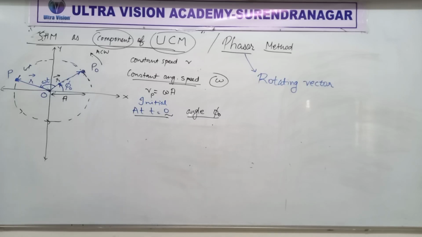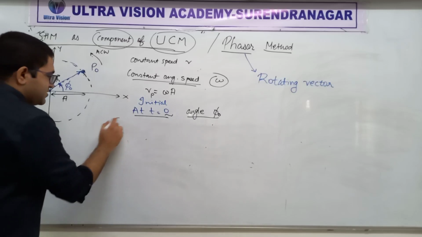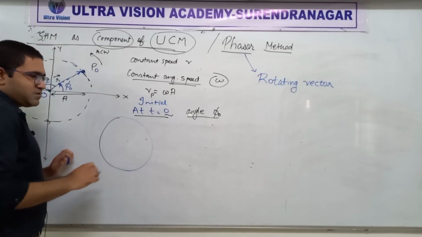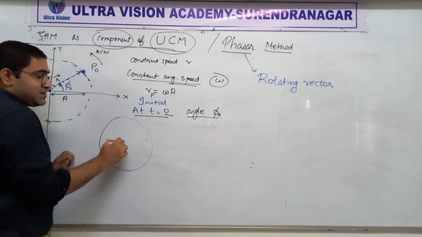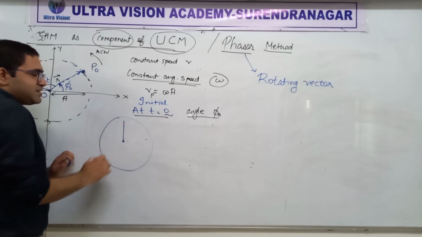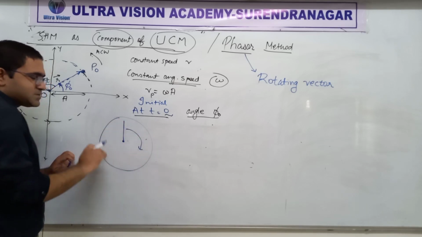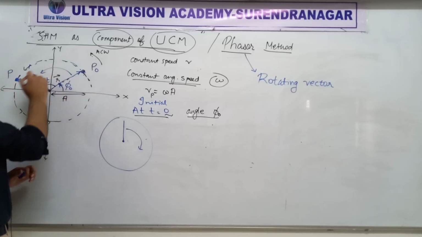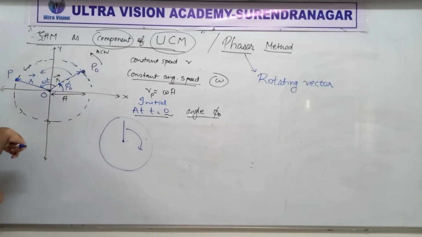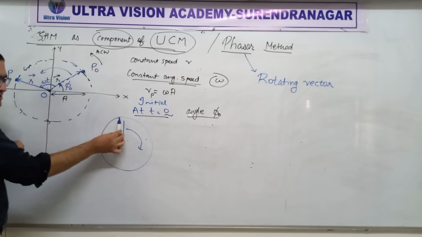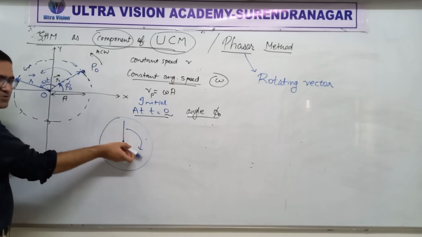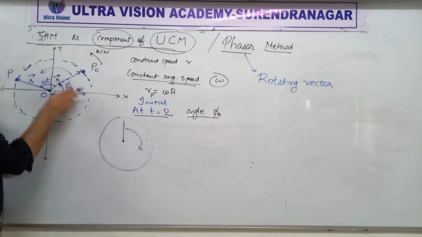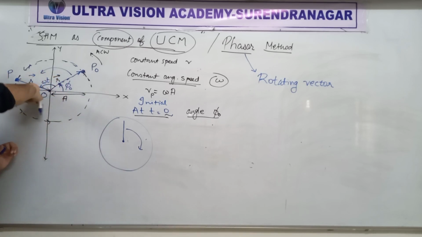Think of it like the hand of a clock. But yes, one distinction: the hand of a clock turns clockwise, whereas right now we are talking about cases where this turns anti-clockwise. Is it fine? So it's just like that, this pointer. It's a rotating vector kind of thing. Similarly, this one will rotate. Understood?